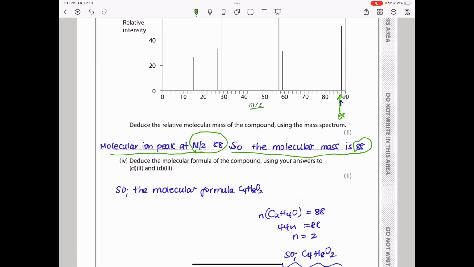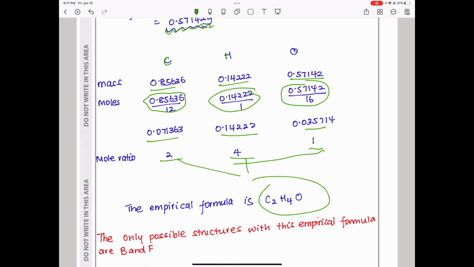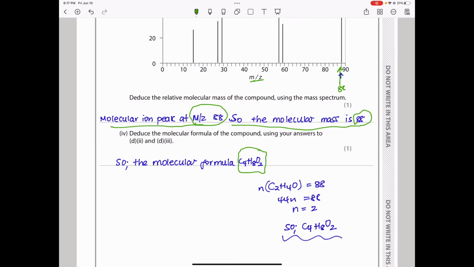Next, deduce the molecular formula of the compound using your answer. Now, previously we had the empirical formula, which was C2H4O. If we had C2H4O, and we know this times n is equal to 88, it means our n, remember this is carbon 2 is 24 plus 4 hydrogens and 16, creates 44.